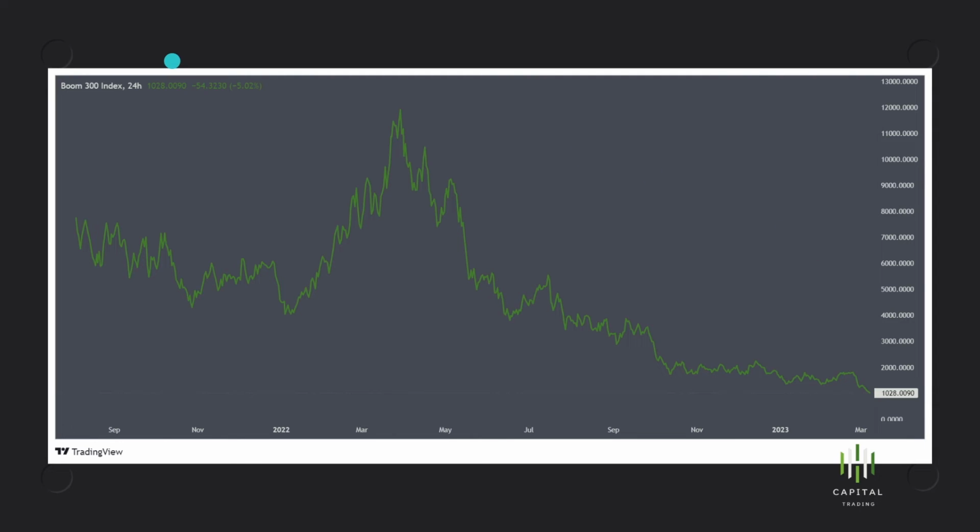If you look at this chart, you'll realize that when boom 300 was introduced in 2021, they were ranging in a consolidation, right? This is a daily line chart. When they were ranging, they were forming old lows.